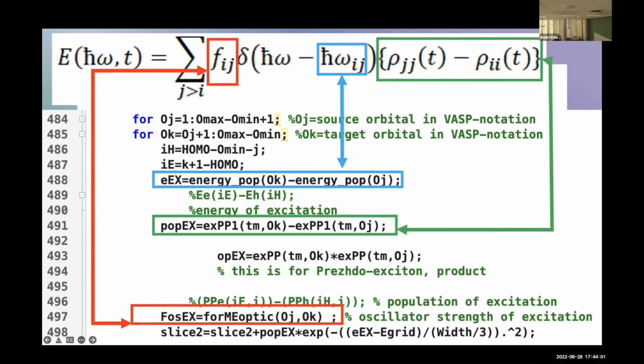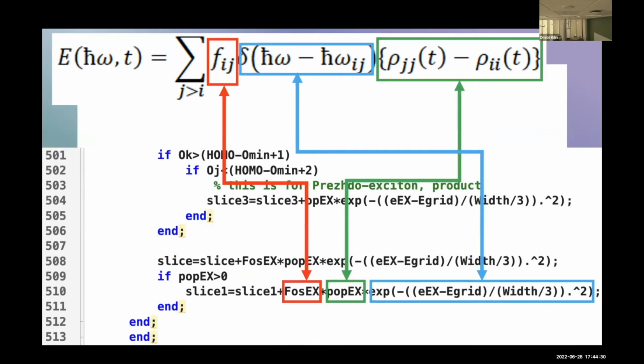So populations are time dependent. Therefore, as we run through quantum dynamics, there are different pairs of orbitals that contribute or do not contribute to the emission. And in this slide's code, we have time-dependent populations, we have the energy differences, and we have the oscillator strength that depends on two indices. When all these factors are combined, basically multiplied, we implement the resonance condition.